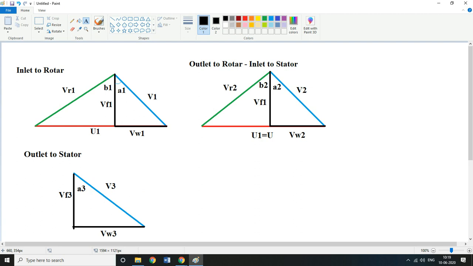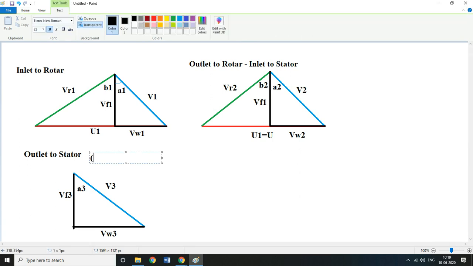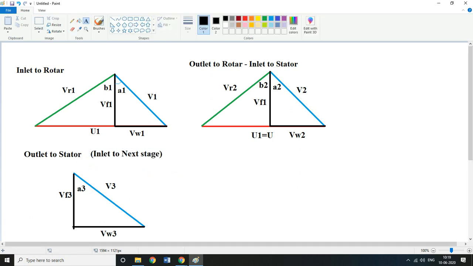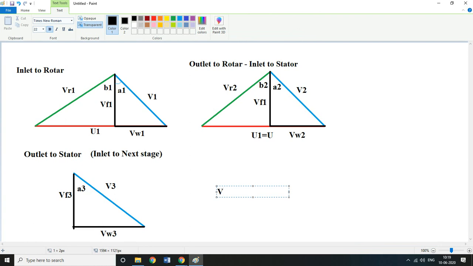Then you just consider one condition. Since this outlet of the stator will again be an inlet to the next stage, in brackets I'll write inlet to next stage, correct. In that case we make one assumption. The compressor is designed in such a way that V1 is almost equal to V3.